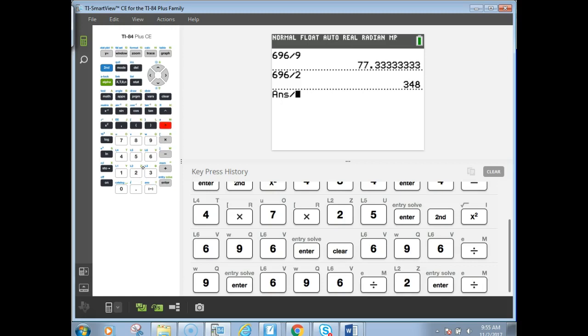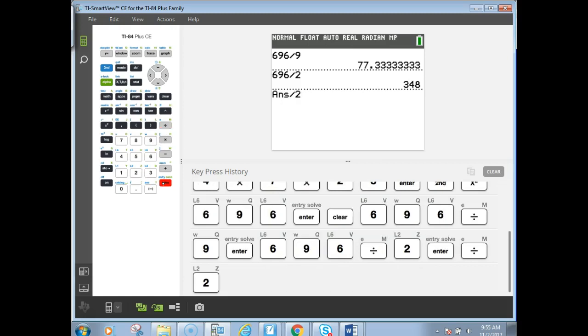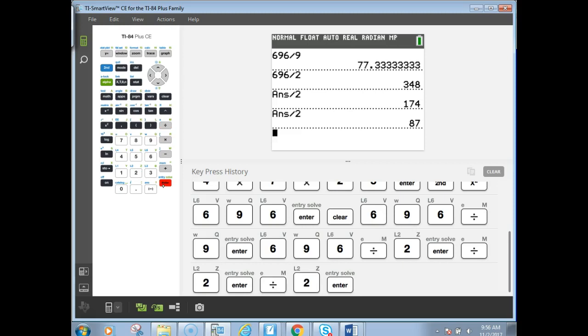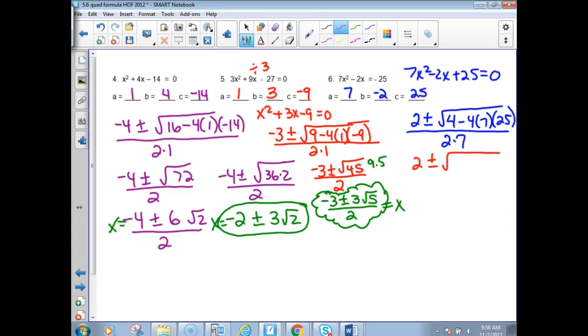Oh, I can divide that by 2. So I know there's a 4 in there. Let me see if there's another 4 in there. I'm prime factoring it. No. Okay, so it looks like 4 times 174, 87 prime. I know we had negative 696 though, right?